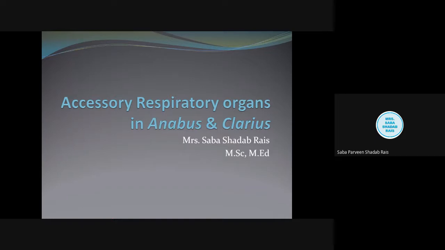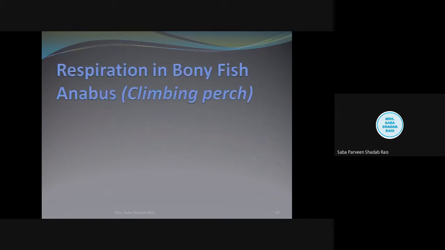Now, when we talk about the accessory organ, first we will discuss Anabas. Anabas is also called the climbing gourami, and they can live without water, you will not imagine, approximately 6 to 10 hours. It is a fish of hardly 30 centimeters.